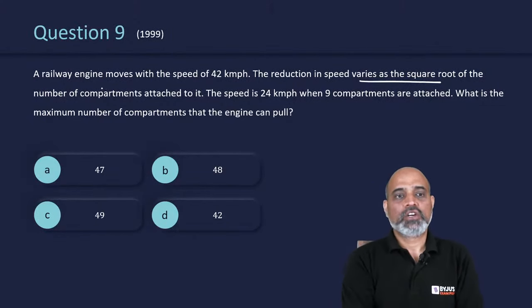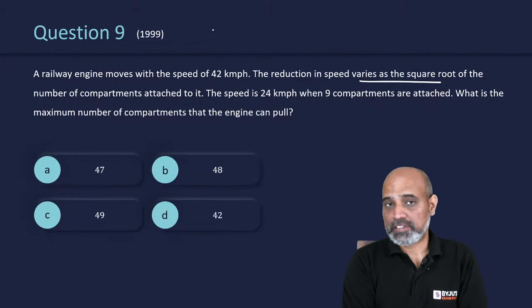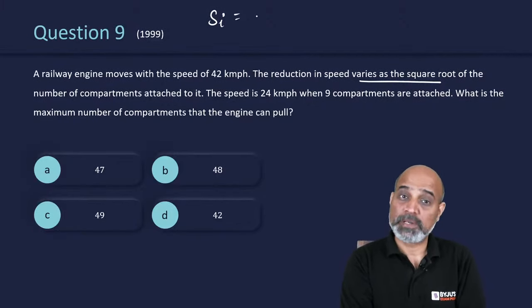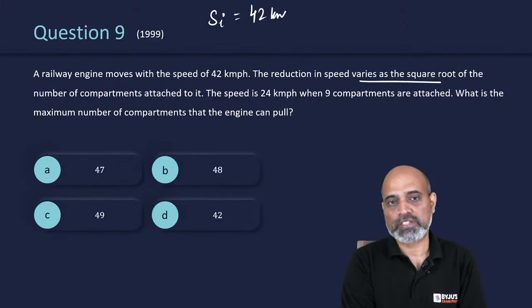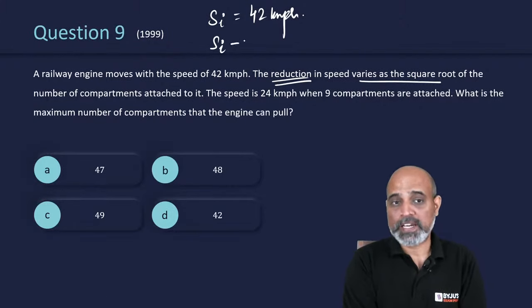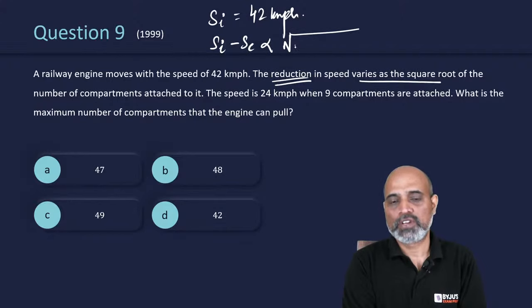Okay? So we have an engine that moves at 42 km per hour. So I'm saying initial speed, or without any compartment, the speed of the train is 42 kmph. Okay, and the reduction in speed means initial speed minus current speed is directly proportional to the square root of the number of compartments.